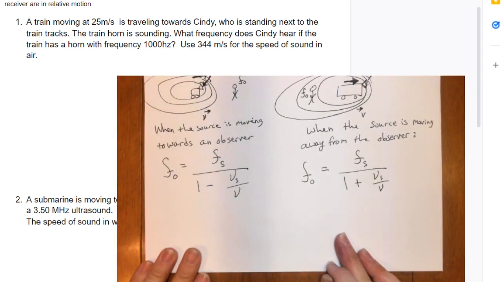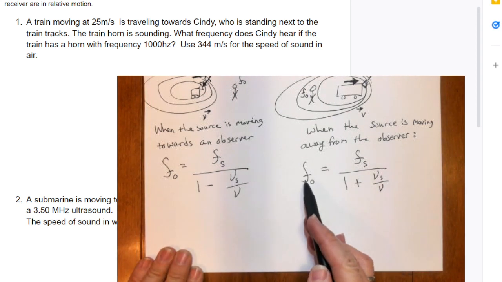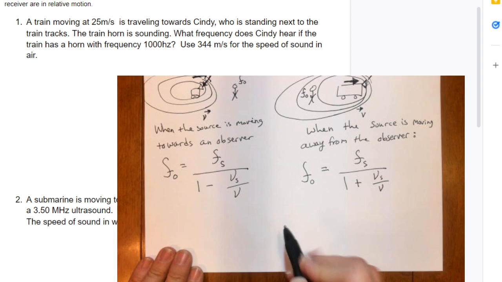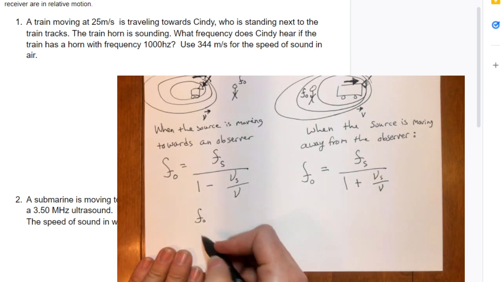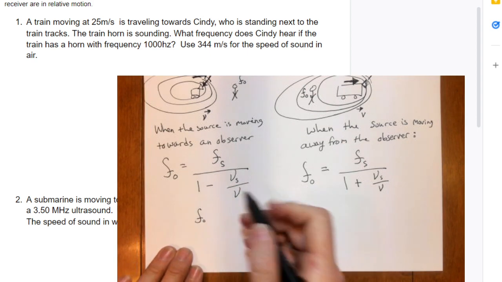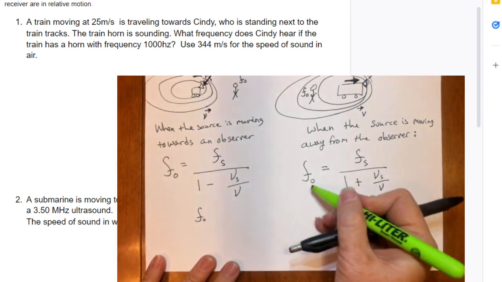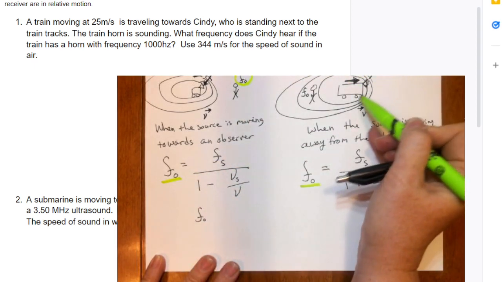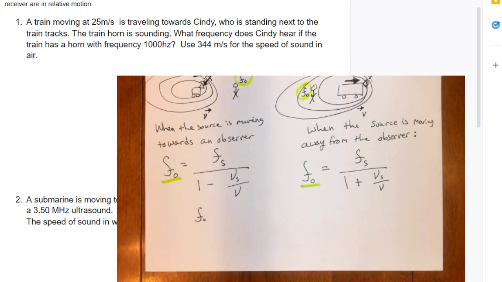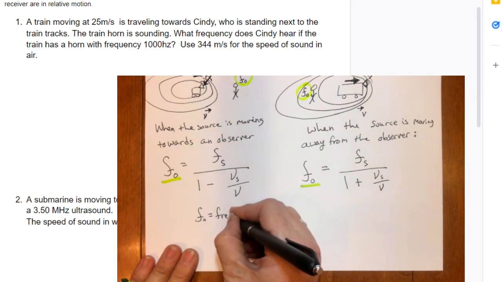Before I do, like I said before, anytime you write equations that you need to use, define your terms. So I'm going to define them again and make sure you have it. F subscript O, which is here and here and here and here. F subscript O is the frequency observed by the observer.